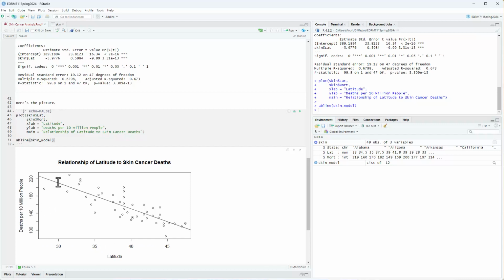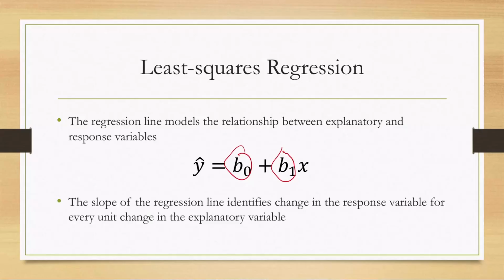But if it did show, then where we would cross on the y-axis would be the intercept. Oftentimes, the intercept is not within the range of our data, as is the case here, and the intercept is not all that meaningful. The slope is really the primary coefficient that we're interested in here, just this second coefficient, B1.